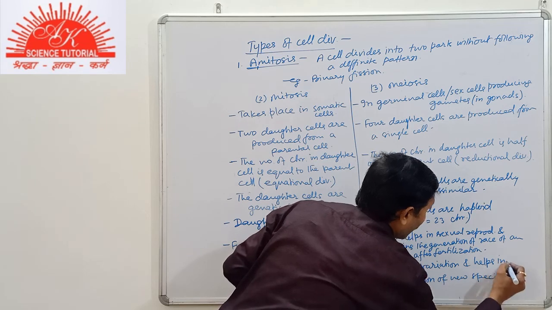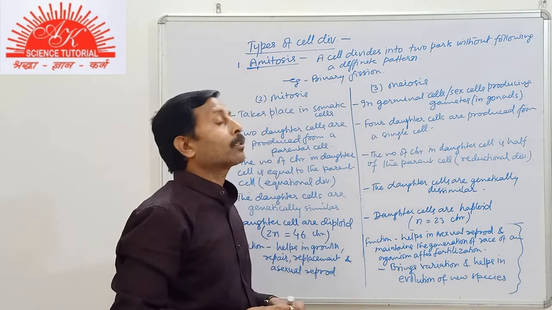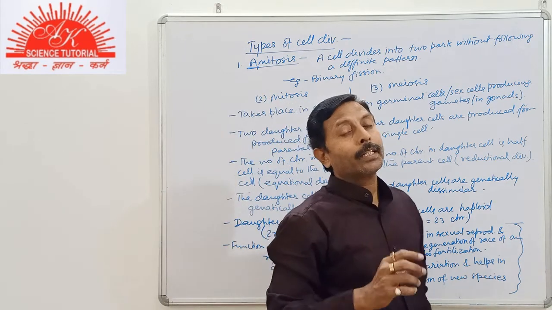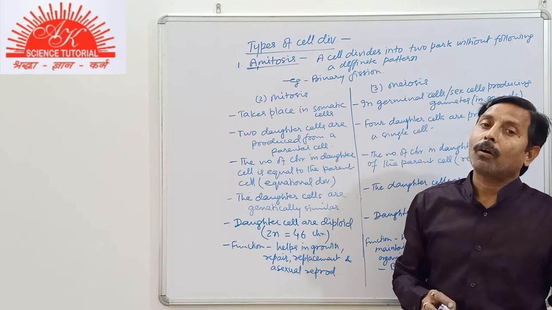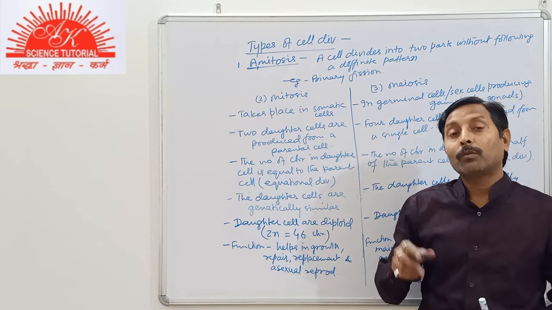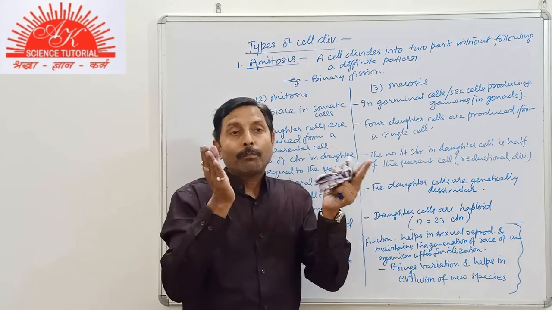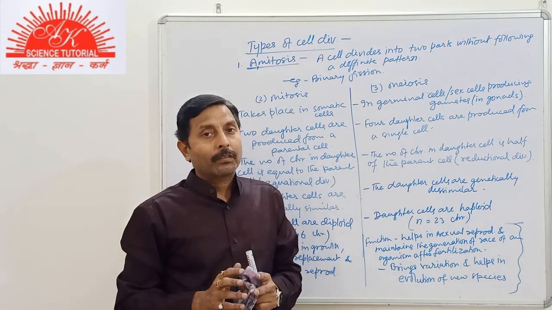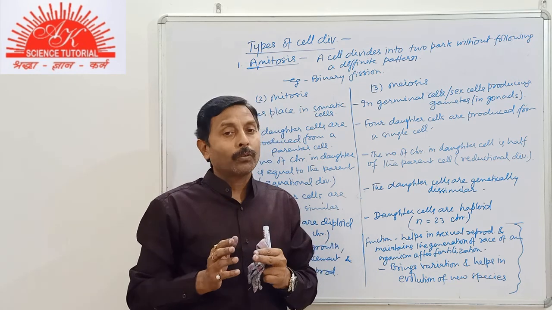So this part can also be written by you as the significance of meiosis. If the question is asked, why is meiosis essential for sexually reproducing organisms? Then you can write, in sexual reproduction, the fusion of male and female gametes takes place. The gametes formed by meiosis have half the number of chromosomes.